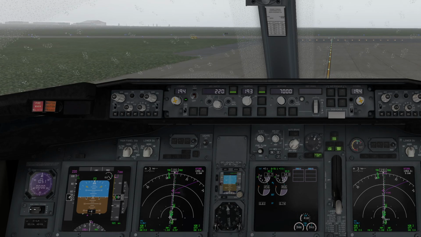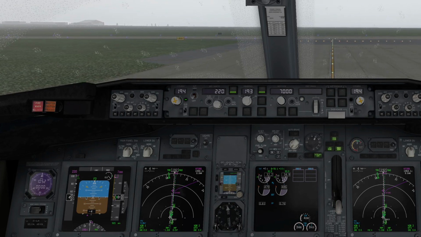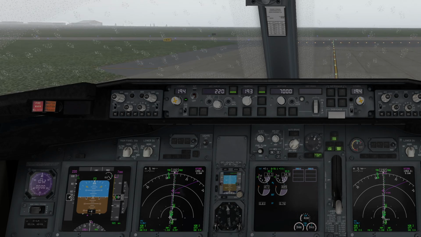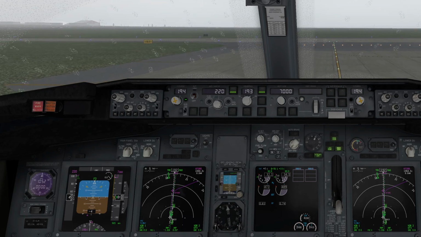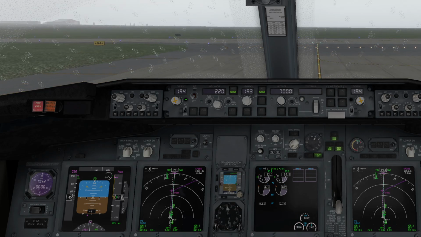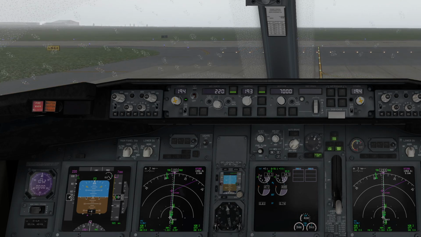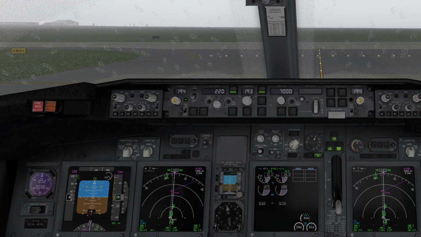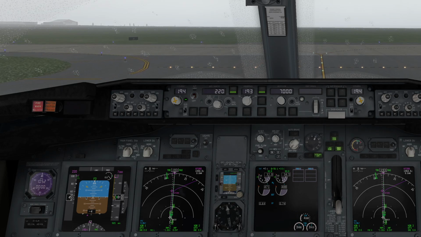So here on the taxiway Kilo, we turn left on November, will be November 4. November 4 is identified. And we turn left towards the holding point of runway 19R.